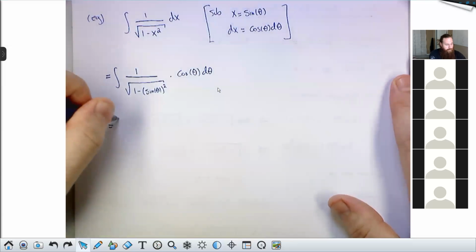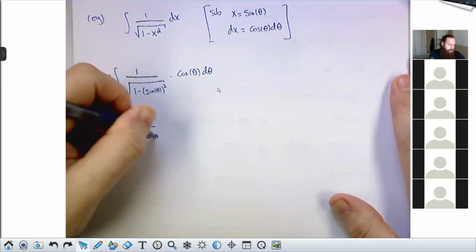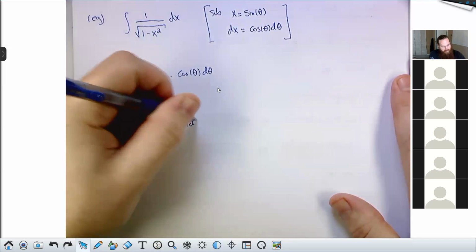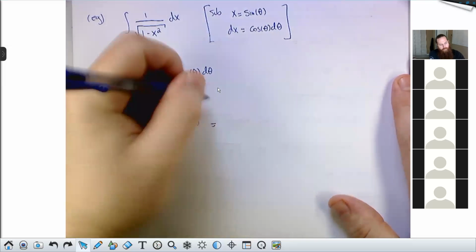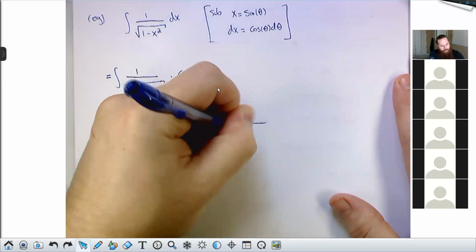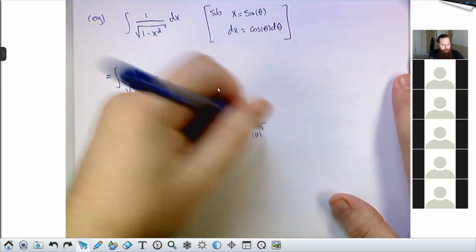But now this is remarkably nice. That's 1 over the square root of 1 minus sine squared theta, right? Sine of theta all squared is sine squared theta, times cos theta d theta. And downstairs in that square root, 1 minus sine squared is cos squared. That's the first Pythagorean identity.